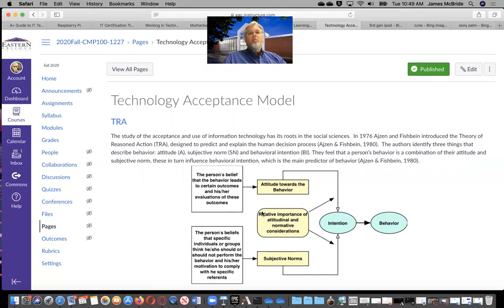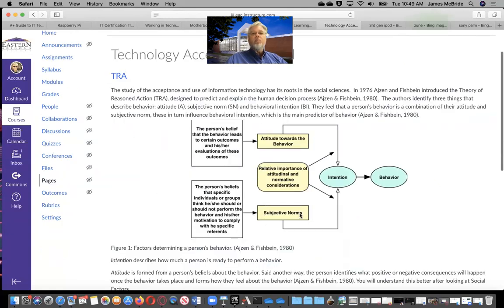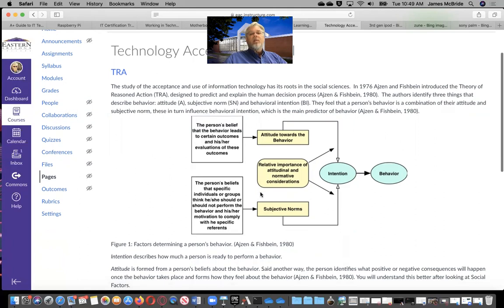As soon as students come into my 103 class and they have to use the internet, they load up Chrome, right? That's what they use. So why did you make that choice? And really what they find is that there's a social portion of this, the subjective norm: Chrome got to the point where everybody was using it, and that's why they use it. They can't say, I use it because it offers me this awesome thing, or it is the lightest and fastest, or anything like that. They just use it because that's what society uses, right? There's that subjective norm.